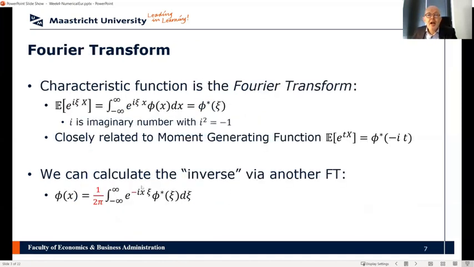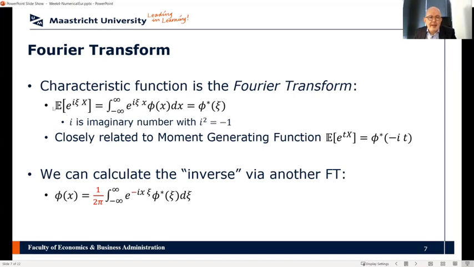For a large class of models, we do not know the probability density function phi itself in closed form, but we know its cousin in closed form, and that is the characteristic function. What was the characteristic function? It's closely related to the moment generating function, but the moment generating function does not always exist, whereas the characteristic function does always exist.